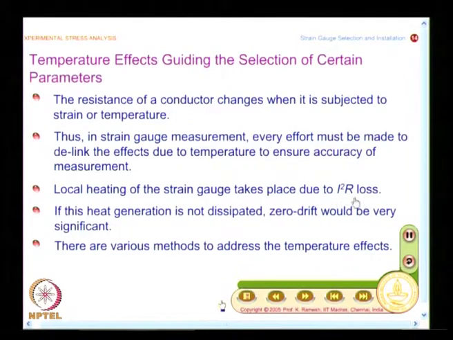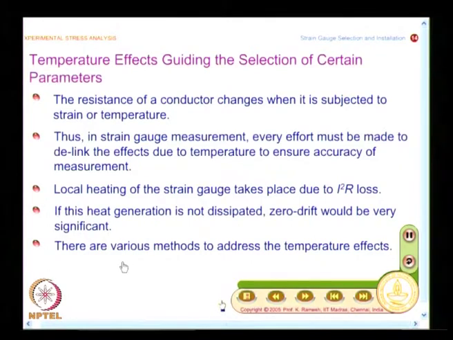So, this is a very important aspect and a very subtle aspect too. You have local heating, though it is small, and whatever heat is generated needs to be dissipated. If you do not dissipate it, zero drift would be very significant in your strain gauge measurement.